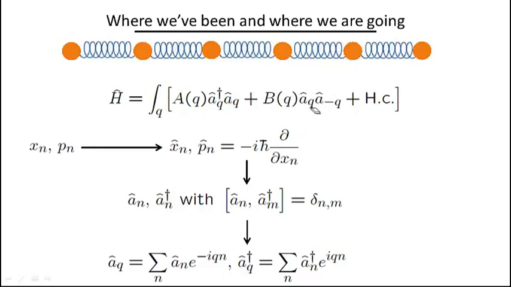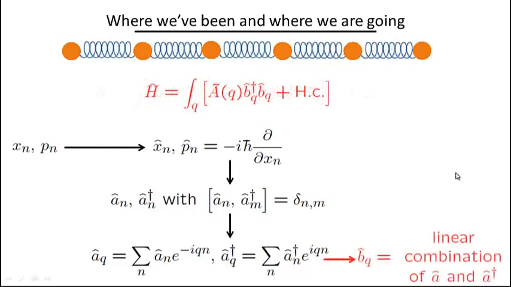A way to solve the problem is to construct a new set of creation and annihilation operators. Here I have an operator b, which is an annihilation operator of a new type, and there is also a b dagger of q.